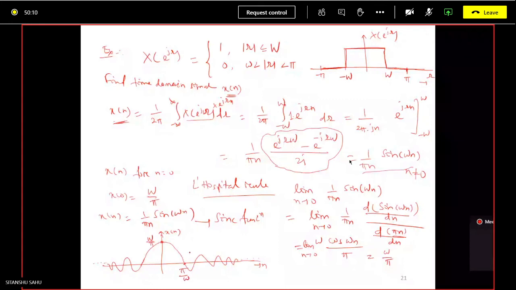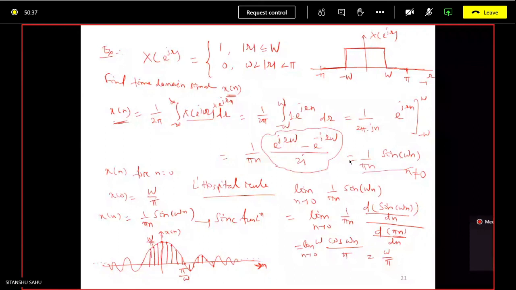Okay, I have drawn the envelope, but since this is n, it is a discrete time signal, so I only need to show the function like this. So this is the representation of the signal in the time domain.